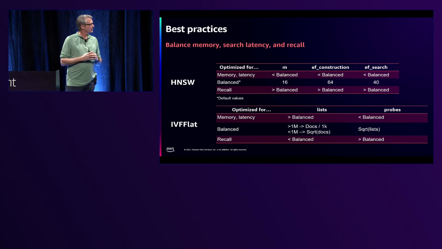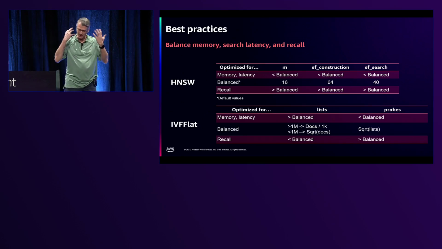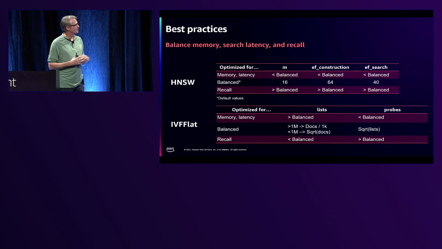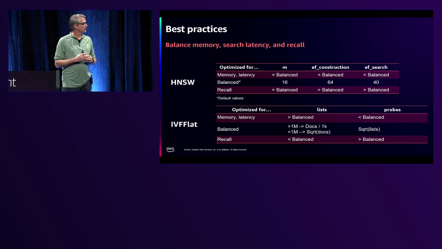IVF flat is a little interesting, to be honest. I had to look at this for quite a while to get it straight in my head, but let's start with balanced. There are no default values per se. You do have to provide a value when you create the index. But the recommendation is if you have a data set that's 1 million documents or less, your lists value should be the square root of the number of your documents.